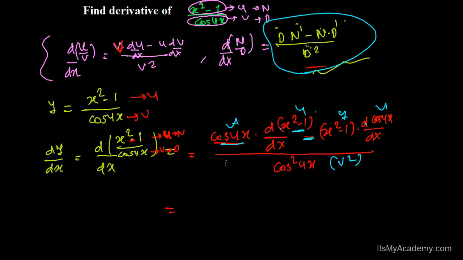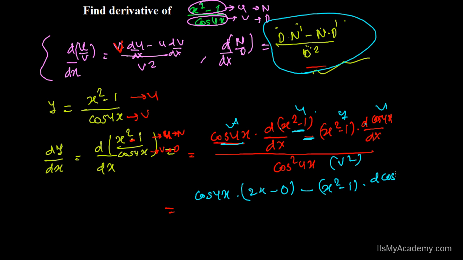Now it's cos 4x times the derivative of x square, which is 2x, and the derivative of 1 is 0. Then x square minus 1 times the derivative of cos 4x. I know the derivative of cos 4x is minus 4 times sine 4x, but I'm writing it properly so that you get each and every step.